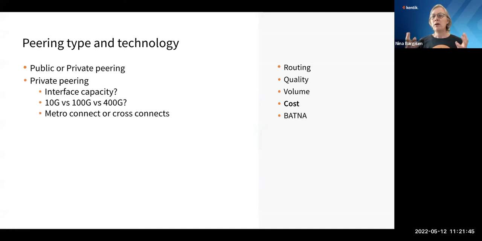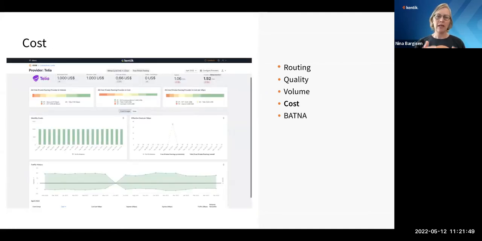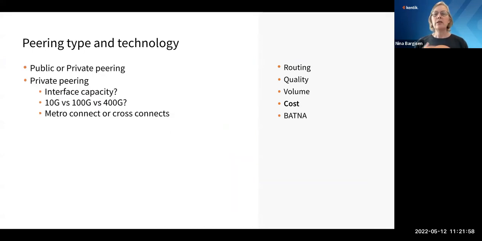We haven't talked about what kind of connection it is, but if we look at the cost tool, it is a private connection we have to this peer that we have chosen as an example. But there is also public peering, as you know, over internet exchanges.